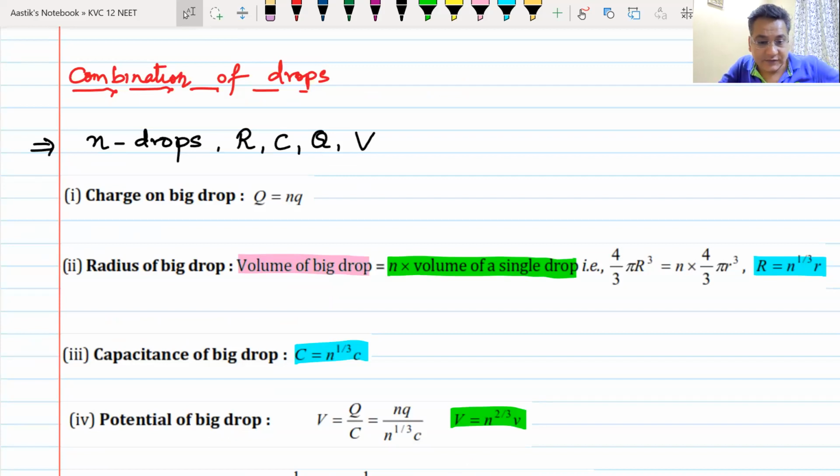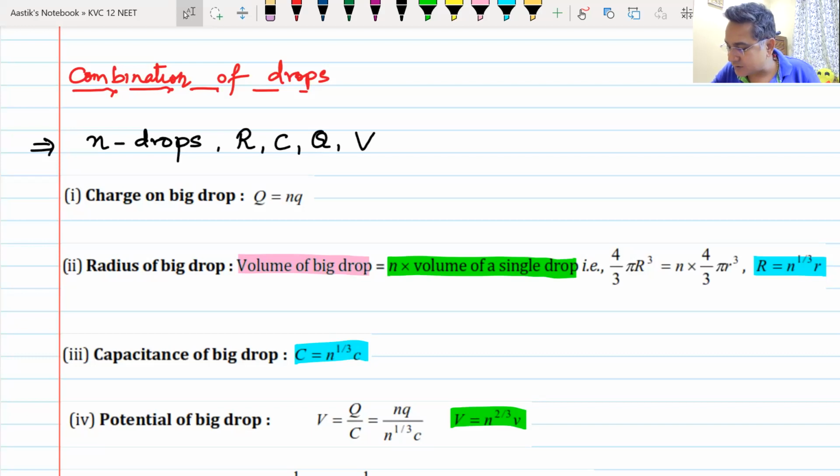In today's class, we will move ahead and see the next part, which is sharing of charges of two conductors. What happens when two conductors are connected?